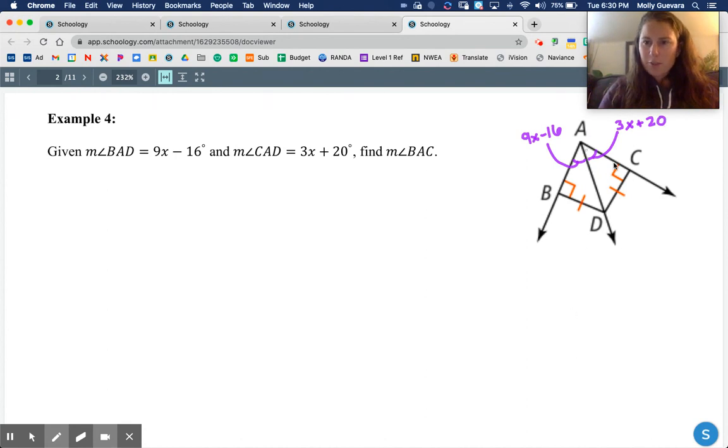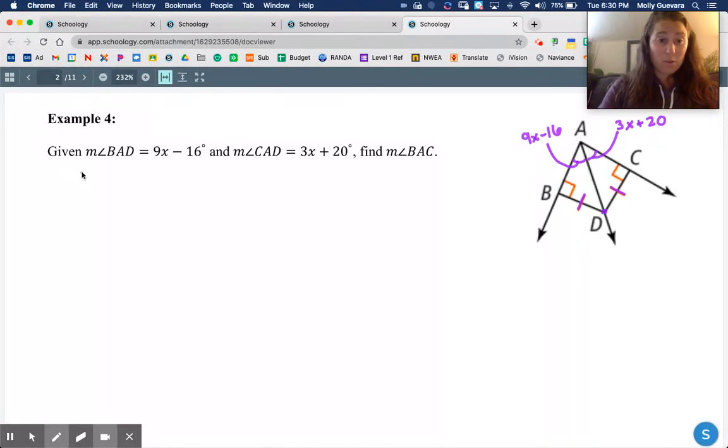Find the measure of BAC. So I want to find the whole angle. And I'm told here that the distance from B to D and the distance from C to D are the same. So that lets me know that D is on the angle bisector, which means BAD and CAD, these two angles right here, have to be equal.